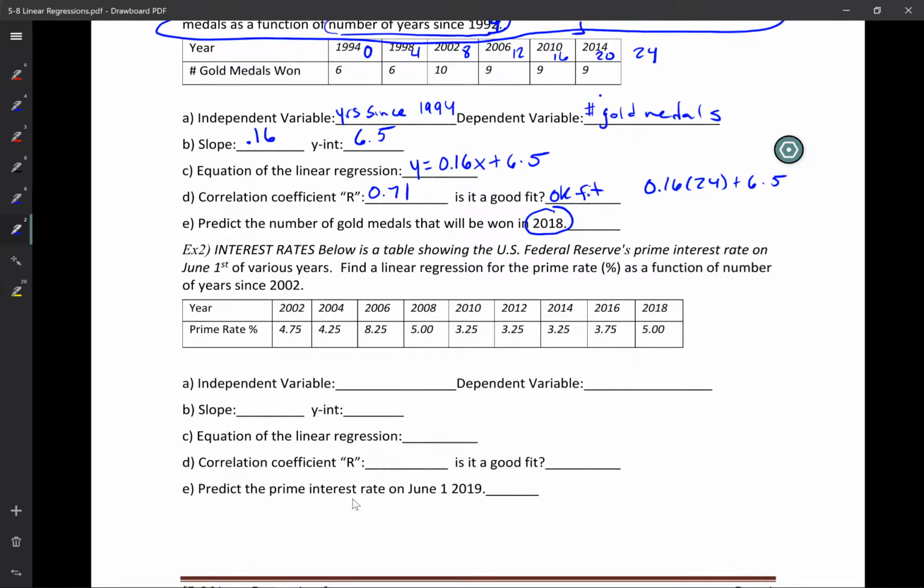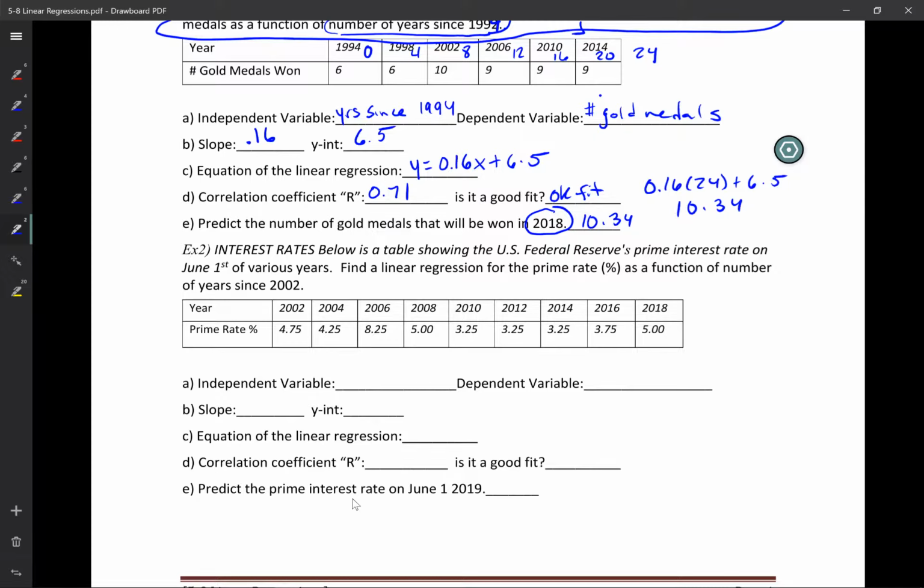I don't care how you do that. That's not what this lesson's about. So 0.16 times 24 plus 6.5 comes out to 10.34. So we would predict in 2018 that there would be about 10.34 medals.